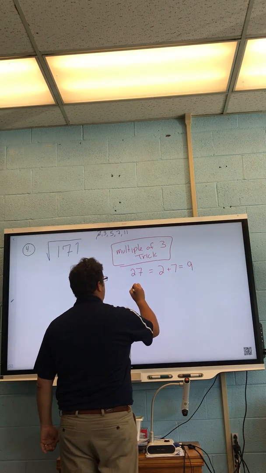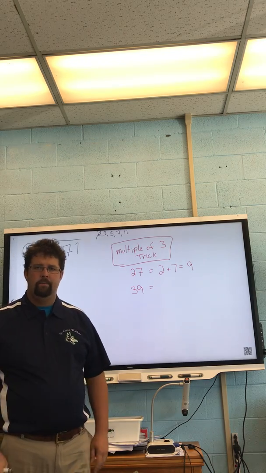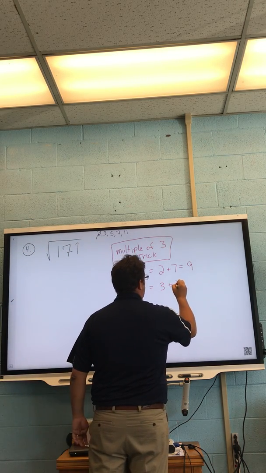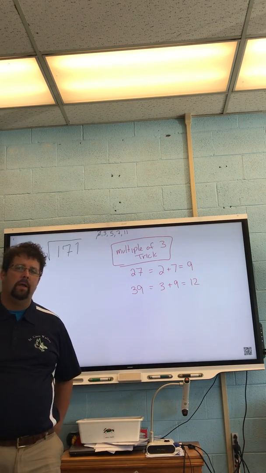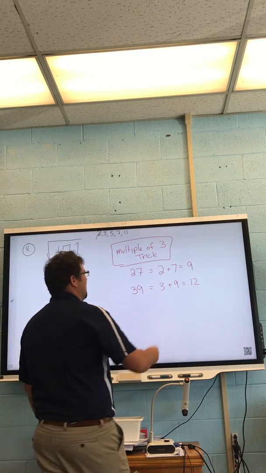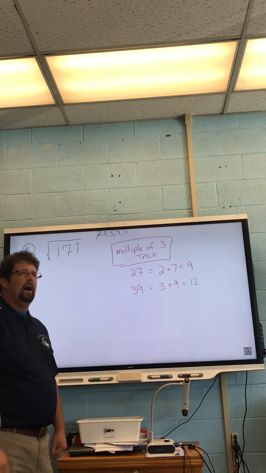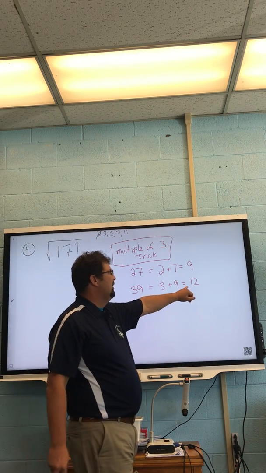How about the number 39? I know 39 is a multiple of 3. So I have 3 plus 9 equals 12. 12, in fact, is a multiple of 3. Now, it does not always mean that 3 times 9 is 27 or 3 times 12 is 39, okay? Because 3 times 12 is only 36. So this isn't telling you what the answer is.